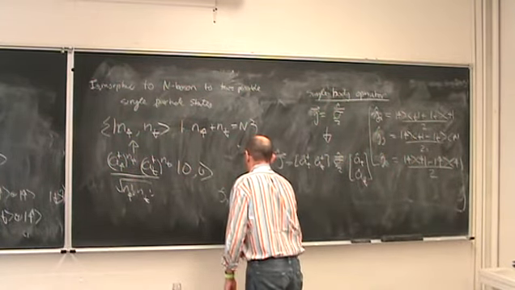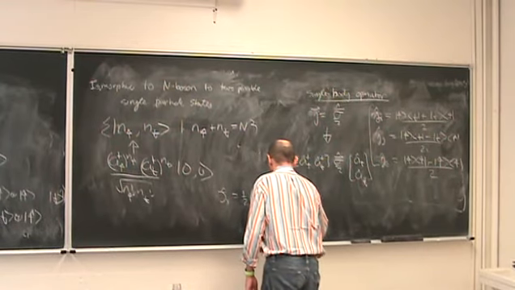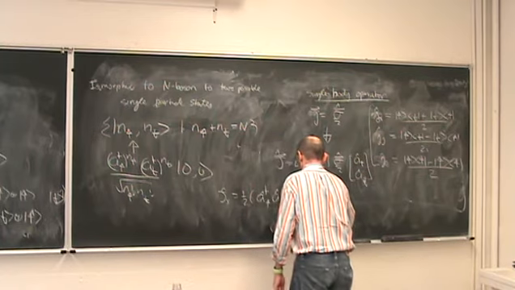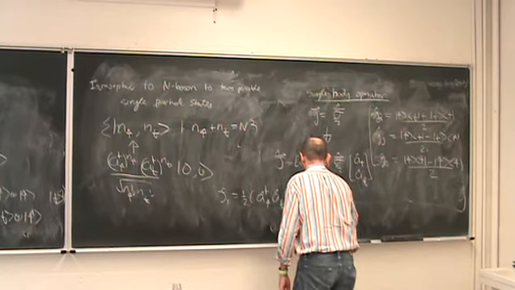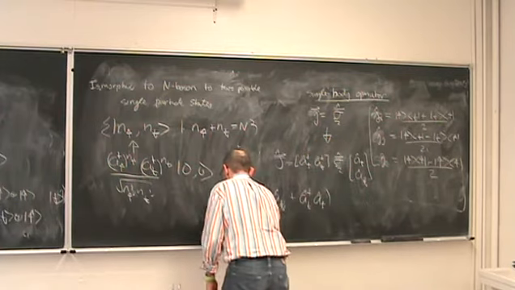Jx is a half of a dagger up a down plus a dagger down a up.